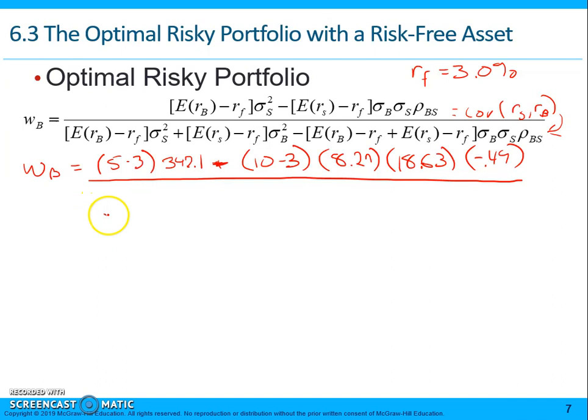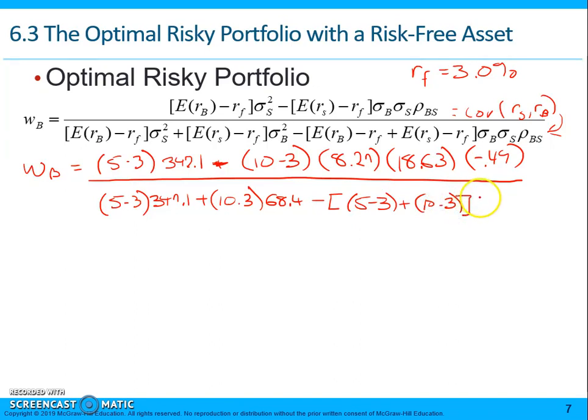So we've got 5 minus 3 times 347.1 plus 10 minus 3 multiplied by the variance for bonds, 68.4. Then we subtract the market risk premium for bonds plus the market risk premium for stocks.